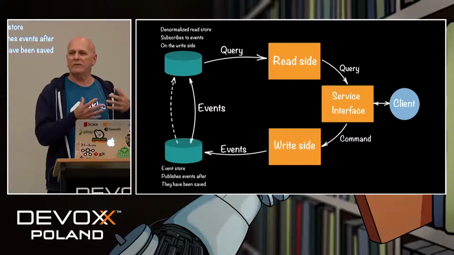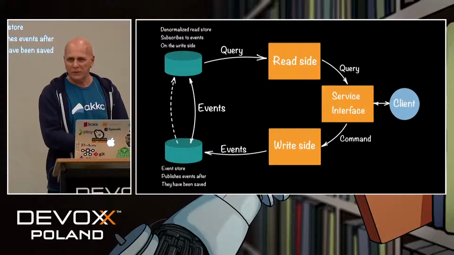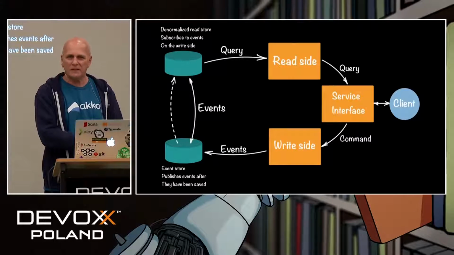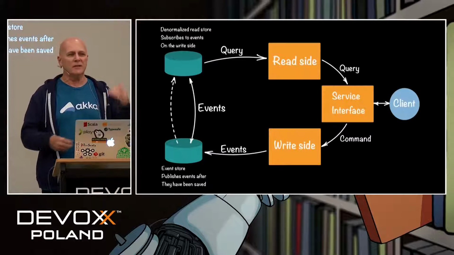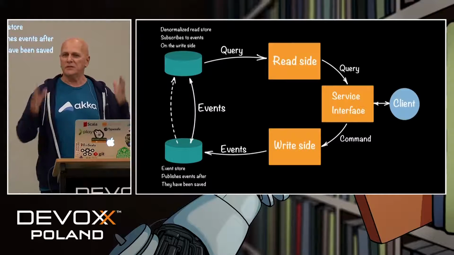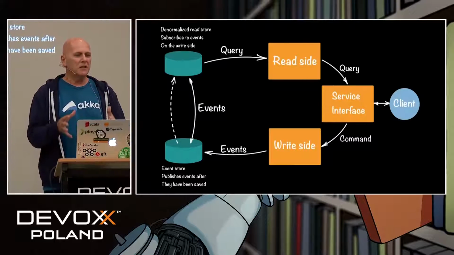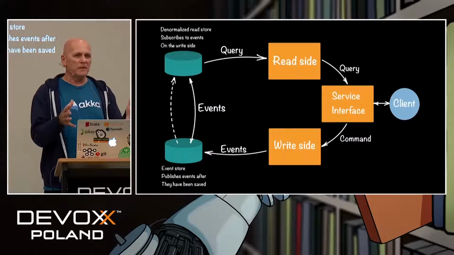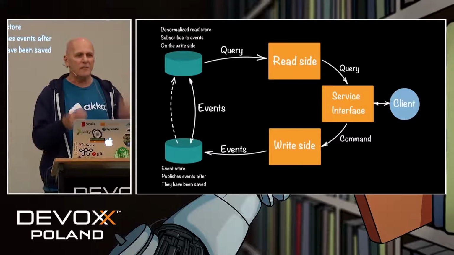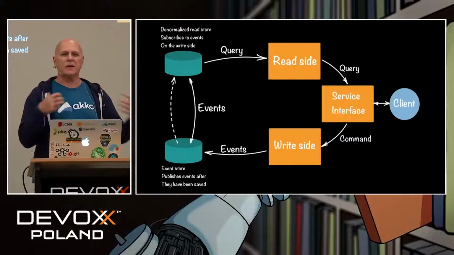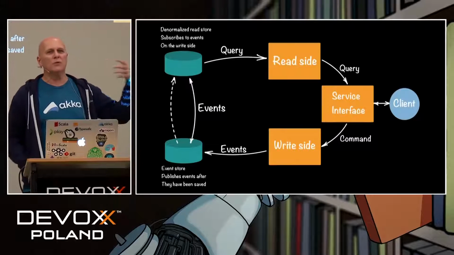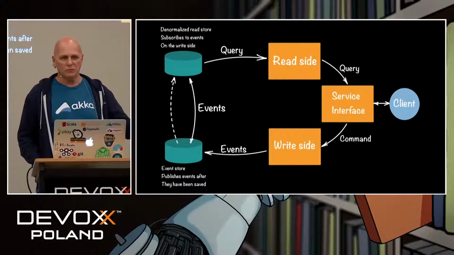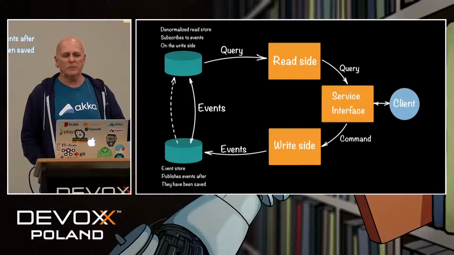You're not going to have high contention at the database level, which is typically where we start to run into contention and things slow down, because all we're doing is inserting into a very simple data structure. It's just like a key value data structure. Cassandra is often used for the event store, or Kafka, things like that. Very, very fast, so you can capture these events very quickly. Say you get a spike in traffic, this service can just scream. It has a much higher threshold for handling load before it runs into a problem.